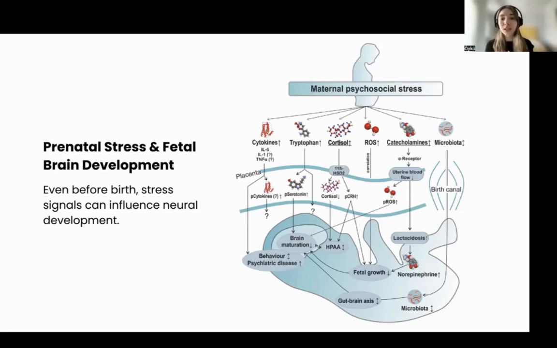But studies showed that cortisol can cross the placenta, and it can affect neural proliferation, migration, or HPA axis calibration in the fetus. These changes do not determine any specific or very dangerous outcomes, but they do shift the sensitivity, which might influence how the baby's brain responds to stress systems and to stress later in life.